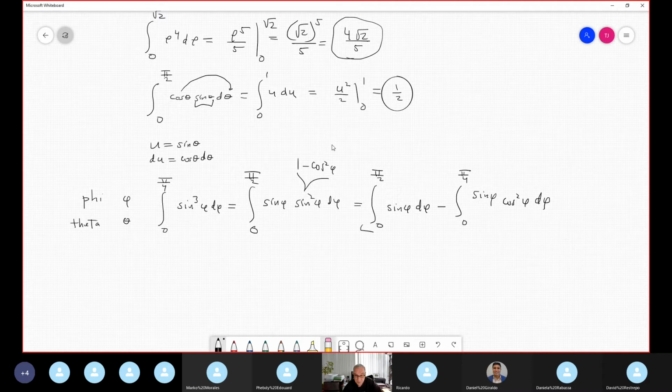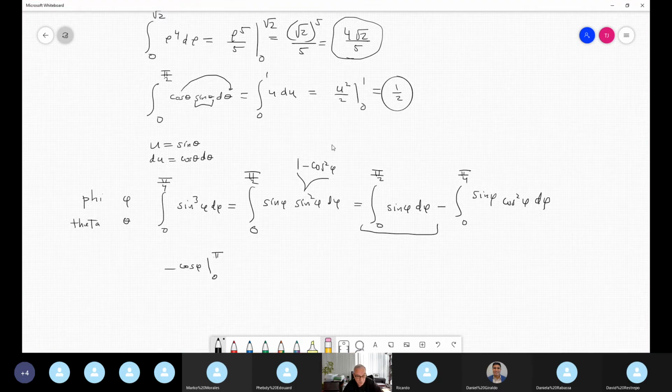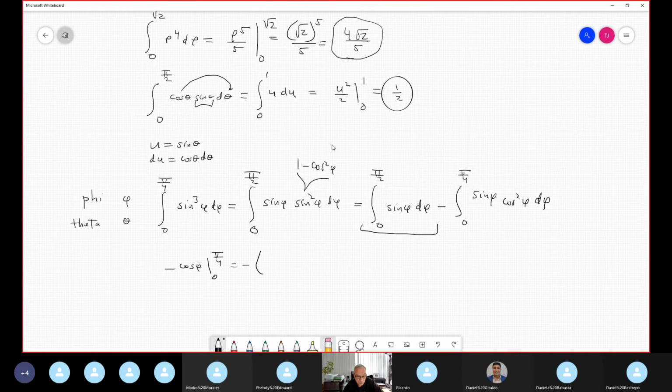Well, this is easy because the antiderivative is minus cosine phi, evaluated between 0 and pi over 4. Is minus cosine pi over 4, sorry, minus cosine 0. Cosine pi over 4 is radical 2 over 2. So it's minus, parentheses, radical 2 over 2 minus 1, or 1 minus radical 2 over 2. Good.